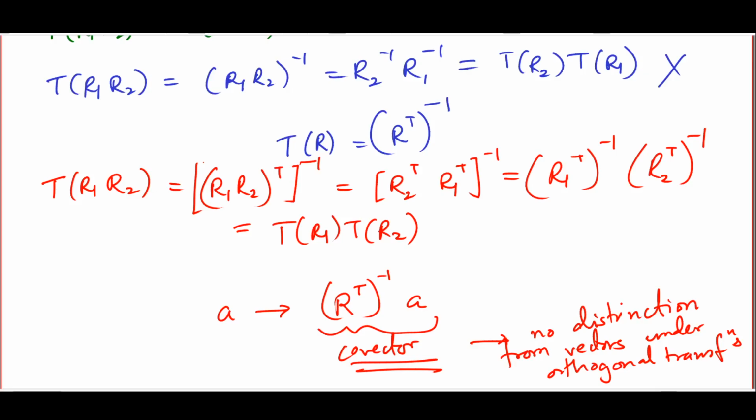Ones which transform like the coordinates, that is, vectors or four vectors, and ones which do not transform like the coordinates but transform according to this rule, R transpose inverse. Those would be the four covectors. And as we have already seen in previous lectures, covectors are a very, very important part of the whole theory. What I would like to emphasize here is just from the demand that T of R1, R2 has to be T of R1 times T of R2, we can also understand why covectors exist and when they exist. In other words, why they don't show up when we talk about rotations.